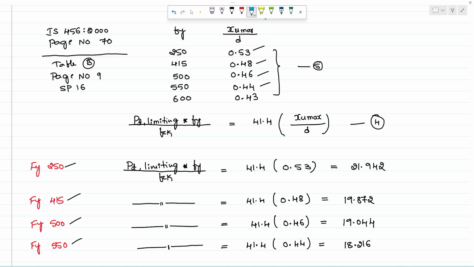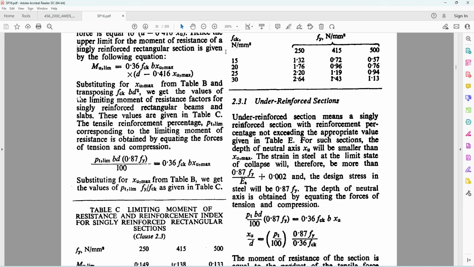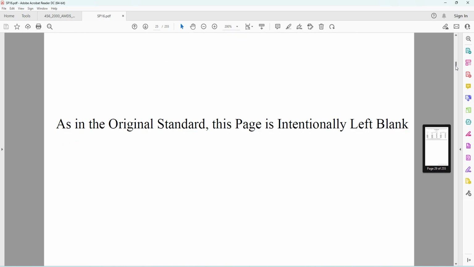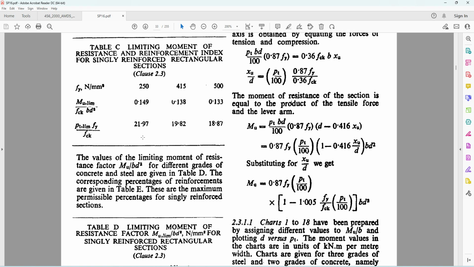So these values are readily available in table C of SP16 on page number 10. So let me open the code. SP16 page number 10. See here.